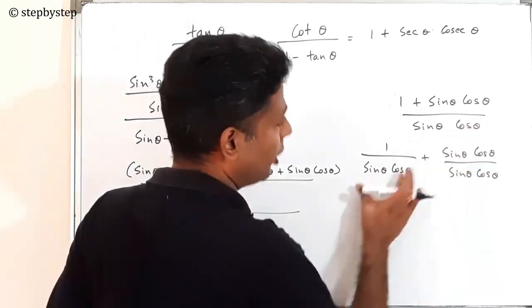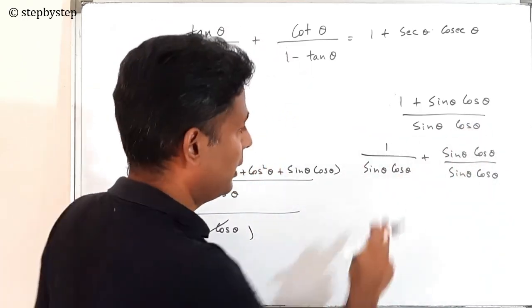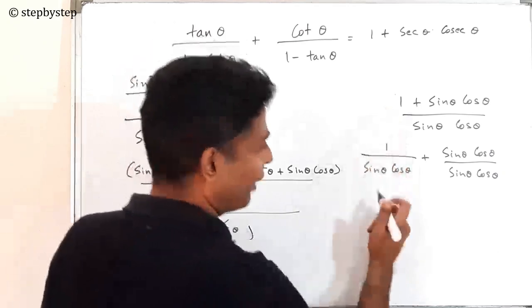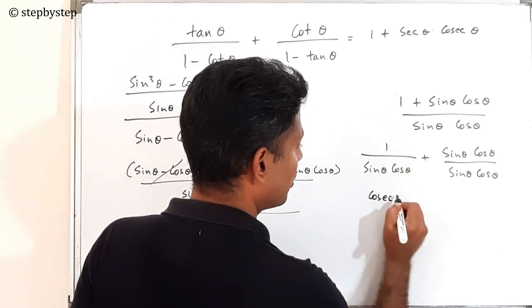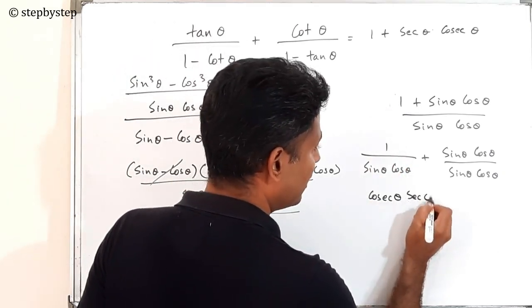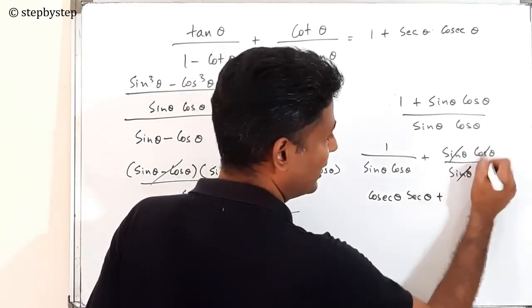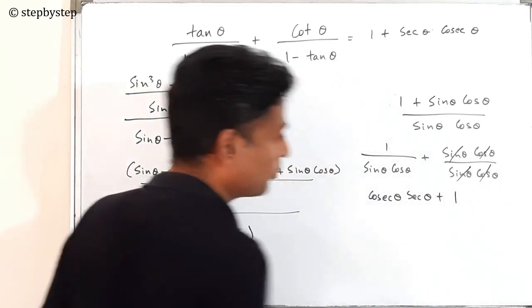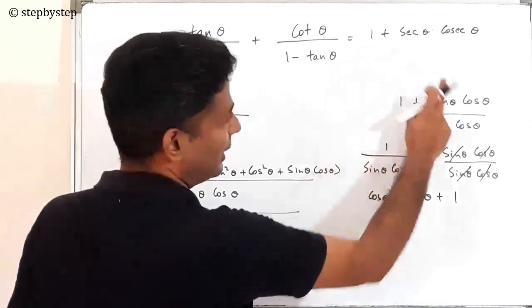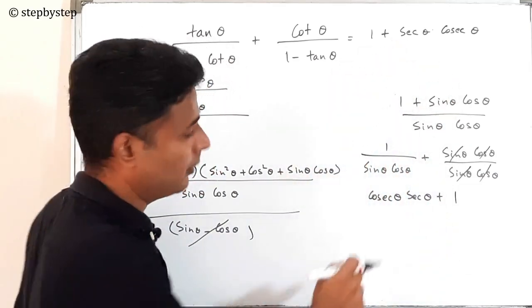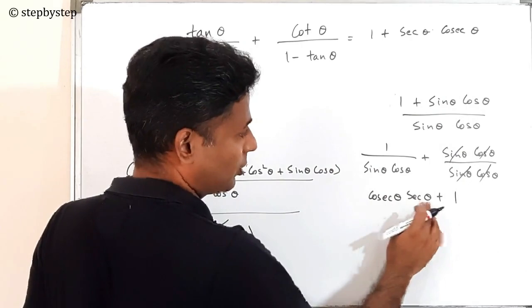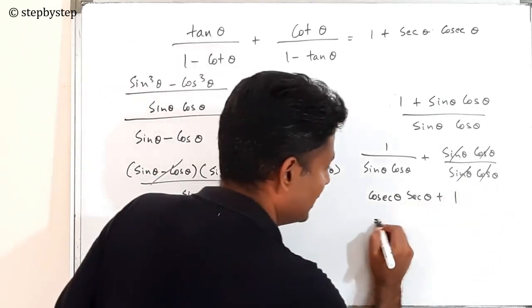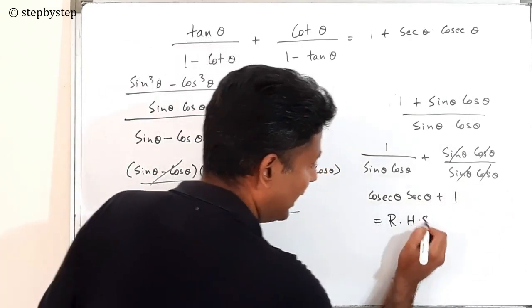The entire denominator has to come on both sides. Now 1 by sin and cos, if I get them both, they become cosec theta sec theta, plus sin theta cos theta cancels, plus 1. So now we have got sec cosec, say this is nothing but this, right? 1 plus sec cosec can be written as cosec sec plus 1. So it is equal to your right hand side.